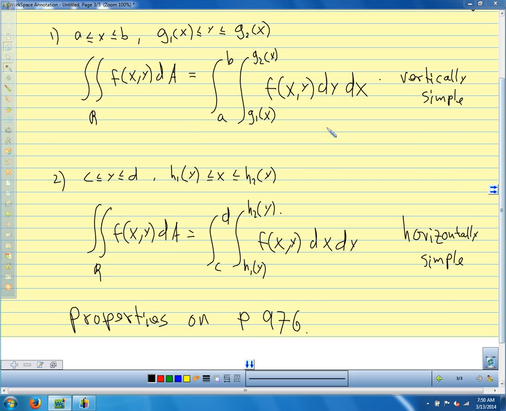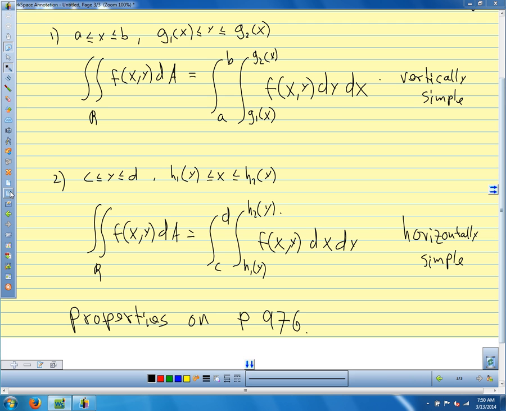It might ask you to find the volume of the solid bounded by such and such in the xy plane. That's another question asking you to do this process. It might give you the iterated integral and just ask you to evaluate it. It might give you a picture and say find the volume of this solid. And all of those things are asking you to go through this process. So there's several ways that these questions end up being asked that really are the same kind of thing.